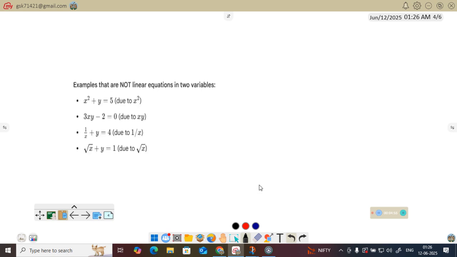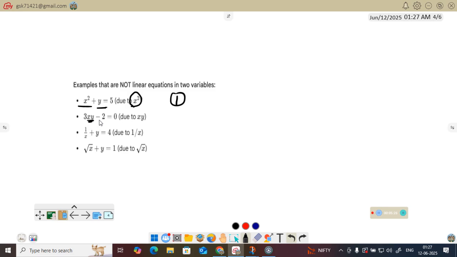Here are some examples that are not linear equations in two variables. First, x square plus y equal to 5, because of x square. In the previous slide we read that the highest power in a linear equation in two variables is 1; here it is 2, that's why it is not linear.